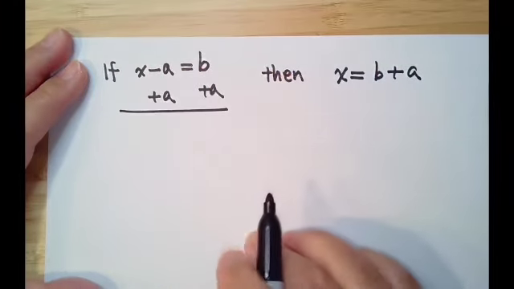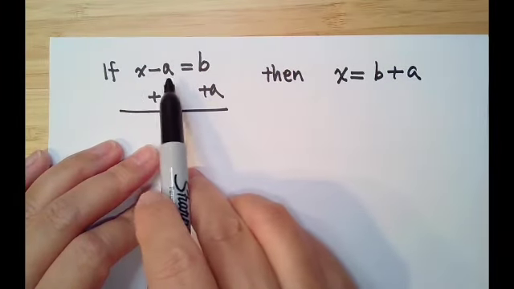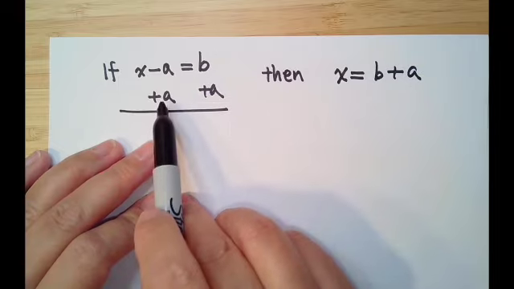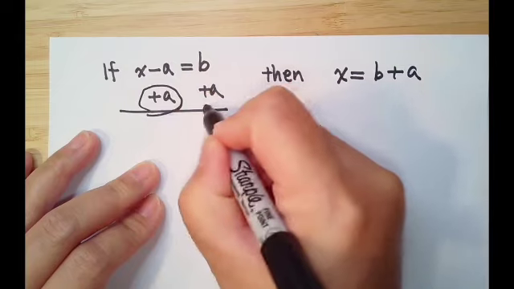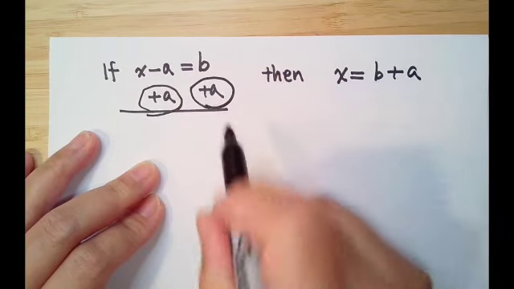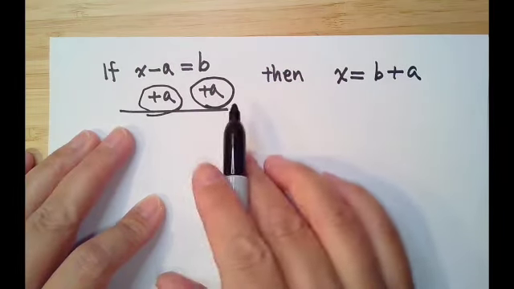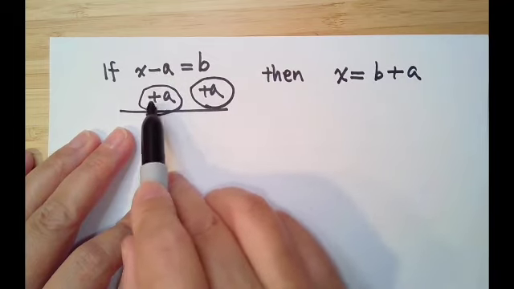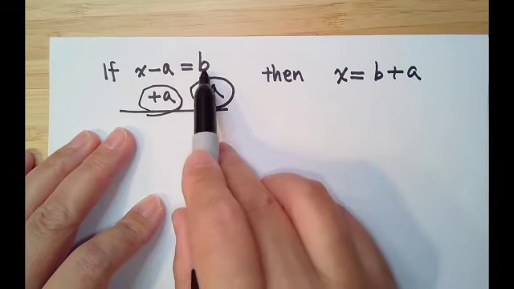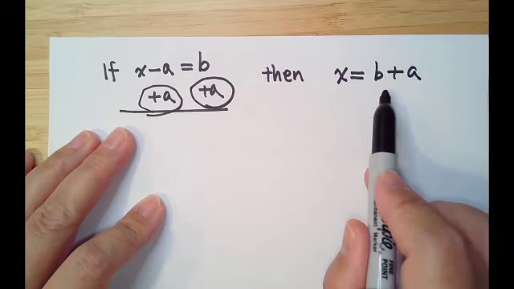All right. Now you see this. If x minus a equals b, what I'm saying is I can add the same amount, either the same number or the same expression on both sides. So if you add the plus a to this side, x minus a plus a, that will be just x. And then b plus a, which is this.